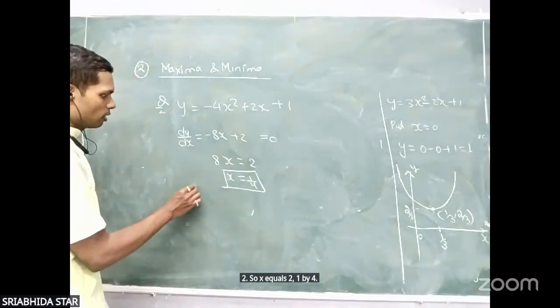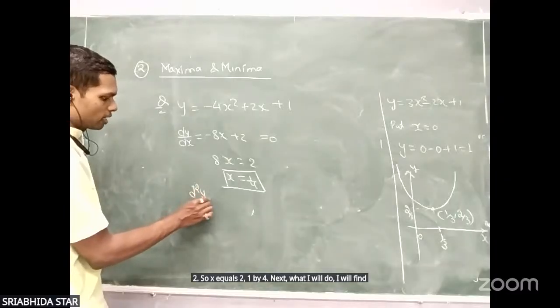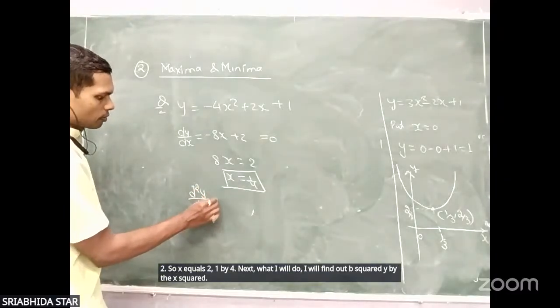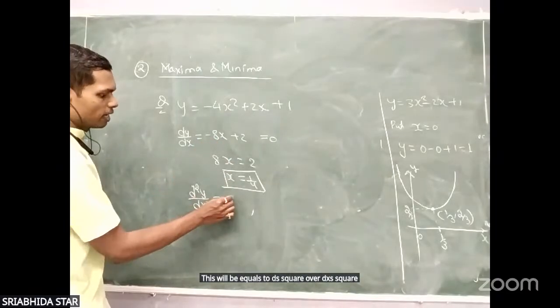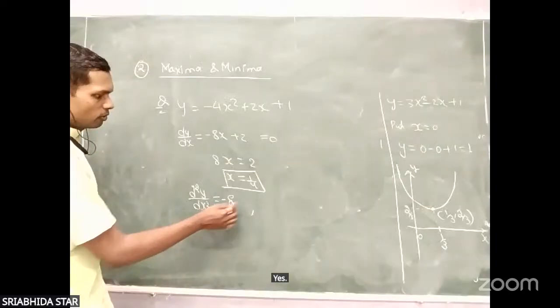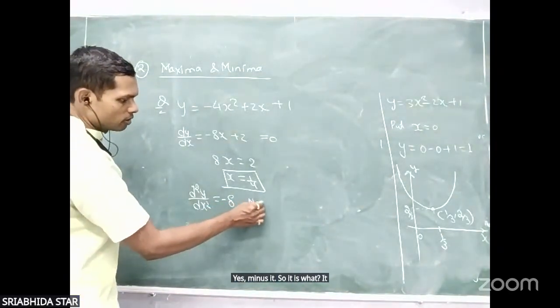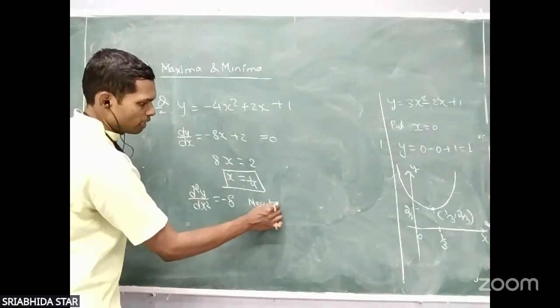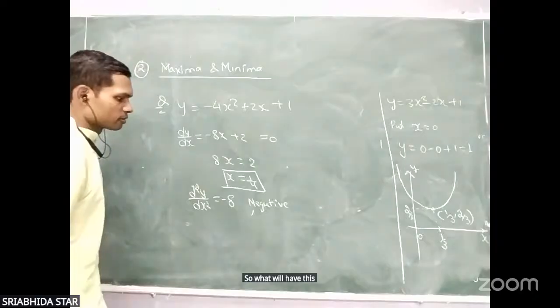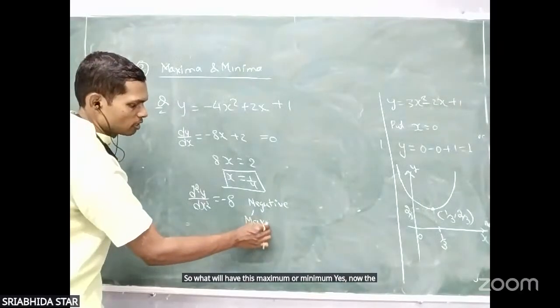Next, I will find out d square y by dx square. This will be equals to minus 8. Yes, minus 8. So it is a negative. So what will exist? Maxima or minima? Maximum. Yes, now the maxima will exist.